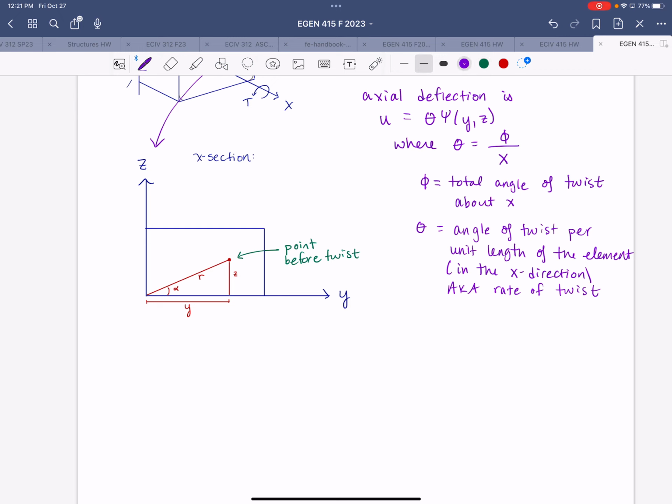And then when a torque is applied, that point, if we're applying a positive torque, will move counterclockwise, something like that.